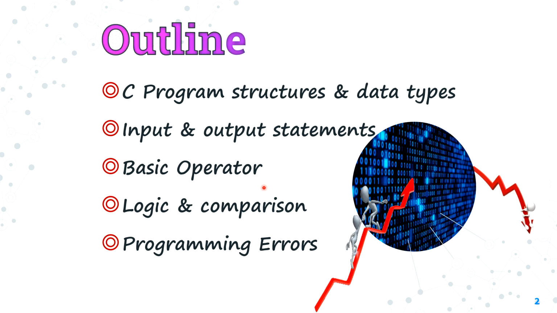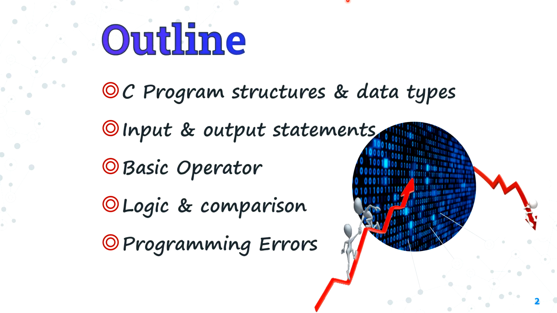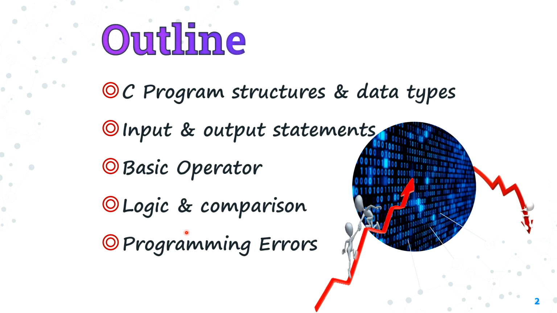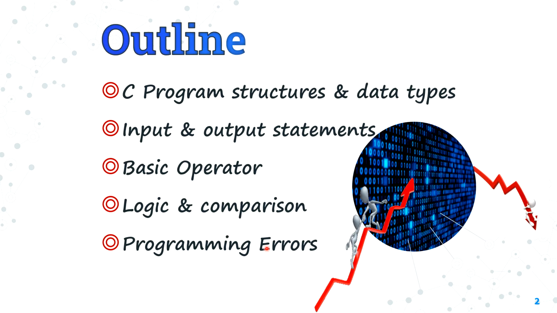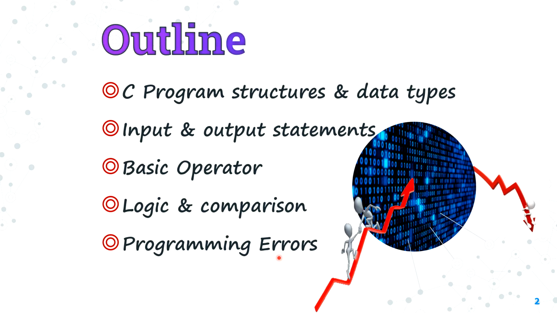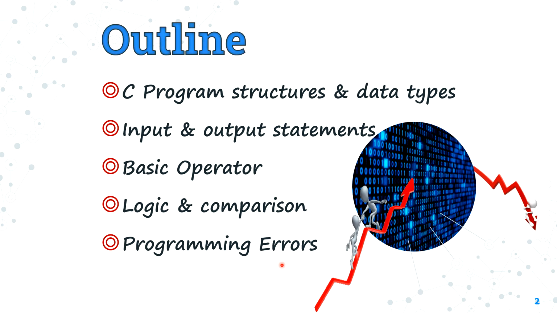This will cover arithmetic and other fundamental operators used in C. Then we have logic and comparison. This will introduce decision making using logical and relational operators. And finally, programming errors. In this part, we will learn how to identify common types of errors that occur during coding and execution.